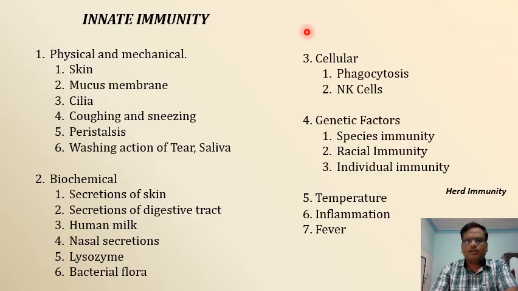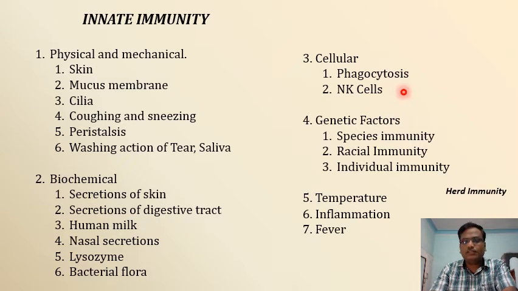Then we have some cells like phagocytic cells and natural killer cells. Now, phagocytic cells are general WBC or white blood cells, which will destroy pathogens non-specifically. So any type of pathogen which enters into our body is first going to be destroyed by these phagocytic cells.